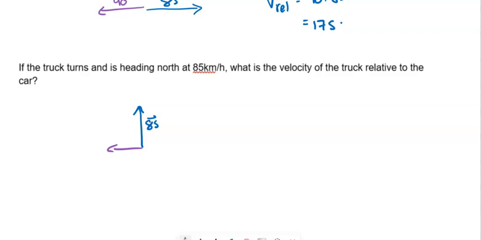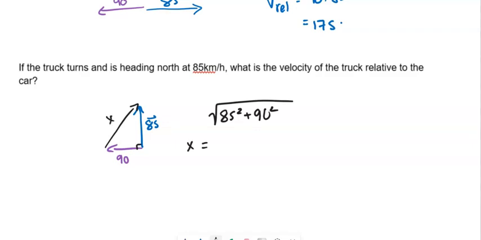The car is still going at 90 kilometers per hour. And now my resultant velocity is here. Okay, so I have a perfect right angled triangle here. So I can just use 85 squared plus 90 squared. Let's root that to give me a resultant velocity of 124 kilometers per hour.